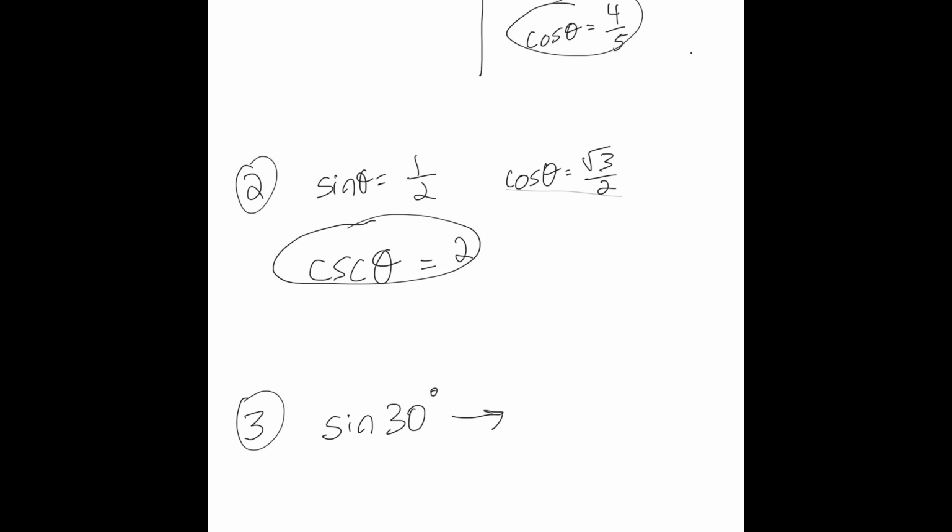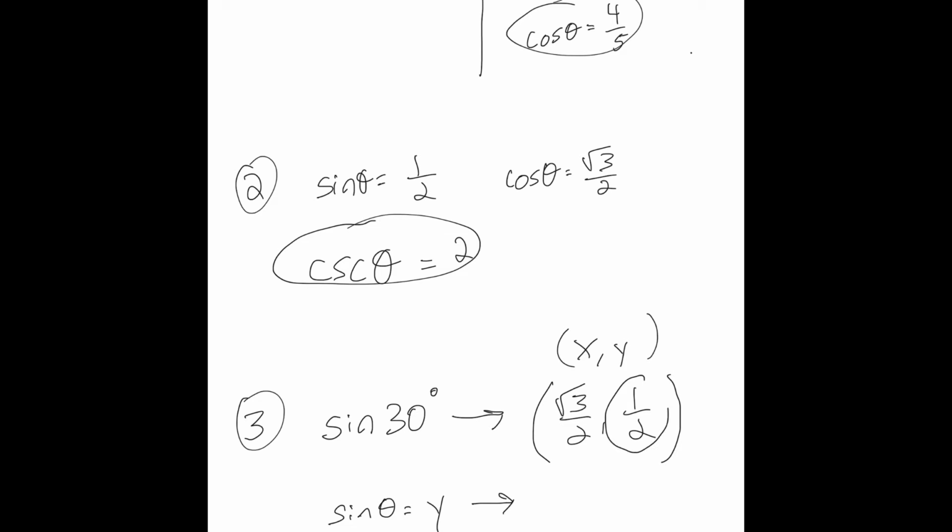Okay, sine of 30 degrees on the unit circle, that coordinate is root 3 over 2 comma 1/2. That's your x comma y coordinate, and sine theta equals y. So all we need is the y portion of my coordinate, which is 1/2.